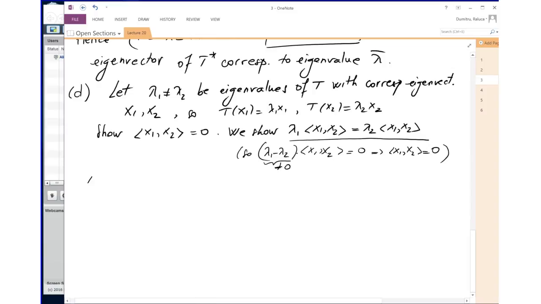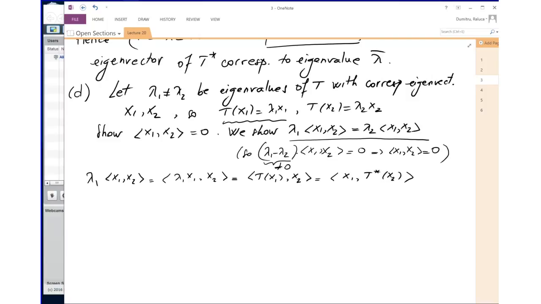All right, so let's start with lambda 1 times the inner product between x1 and x2. I'm going to put lambda 1 into the first component, because lambda 1 x1 is in fact T of x1. So this is the inner product between T of x1 and x2. I'll move T into the second. So this is the inner product between x1 and T star of x2.